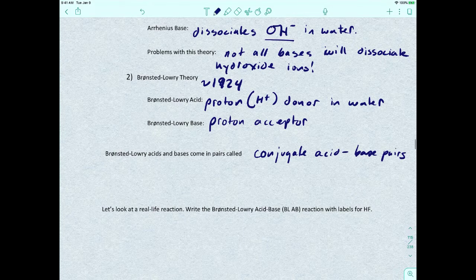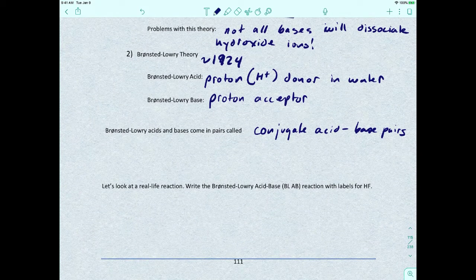Okay. And so an example of something like this would be, let's say you have a generic acid, which we're going to call HA, and then you've got a base B. This is going to be in equilibrium with the products. And so if HA is your acid, this hydrogen is going to be dissociated.